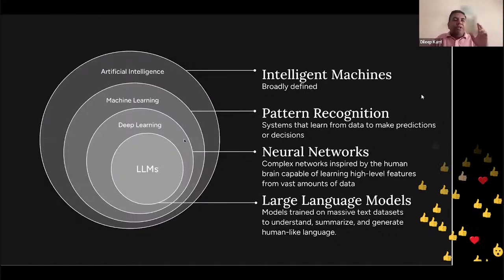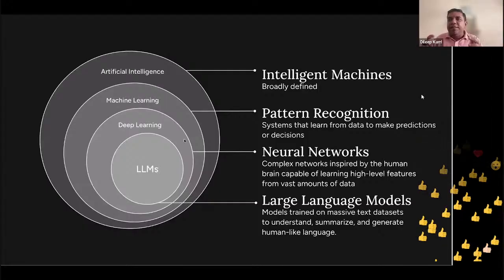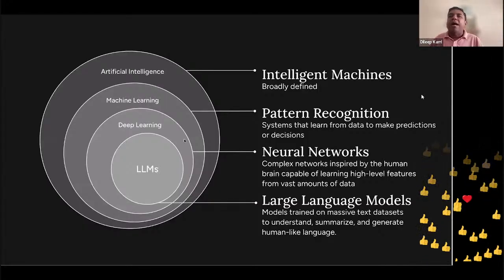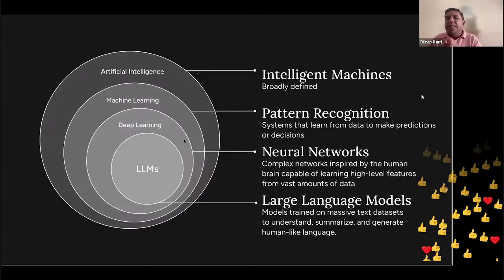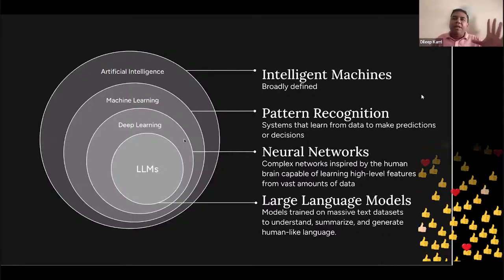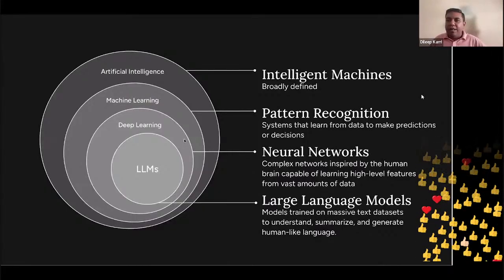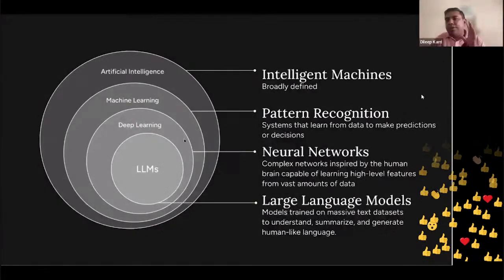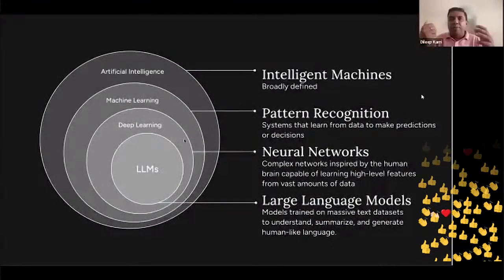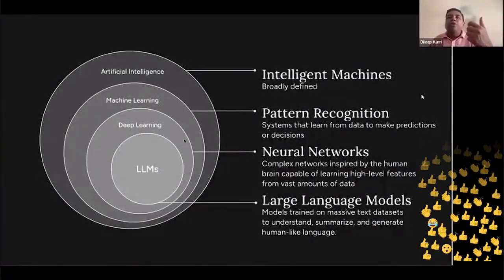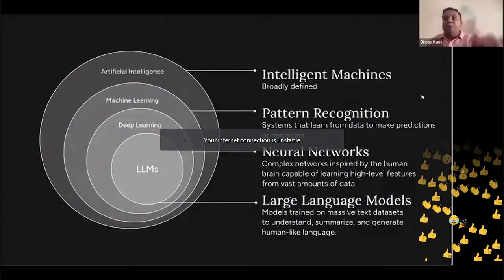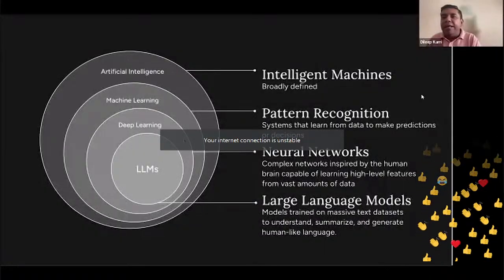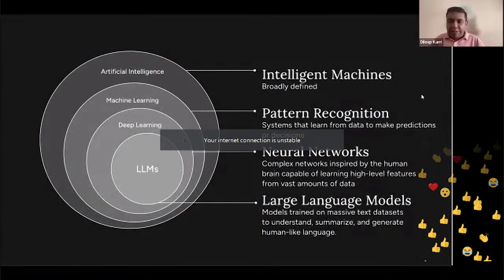For those who have seen this, that is exactly what pattern recognition does, which is it learns from your previous behavior and predicts your future behavior. Think of any social media short form content. The more you watch a video, more of that video keeps getting recommended. That is pattern recognition.